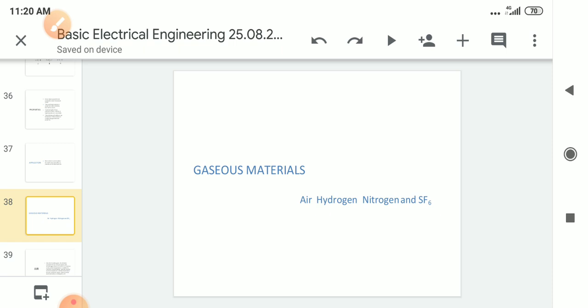Today, what is the outline for our video lesson? We studied the solid insulating materials like plastics, that is thermoplastics. After that, rubber. After that, liquid insulating materials, and their properties and applications.